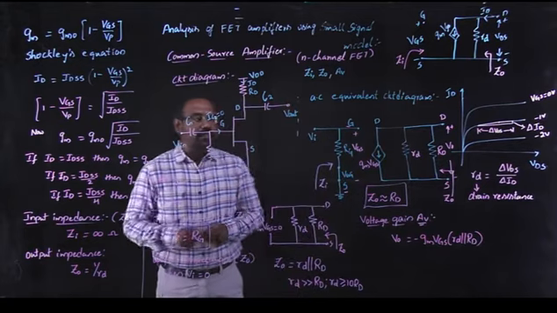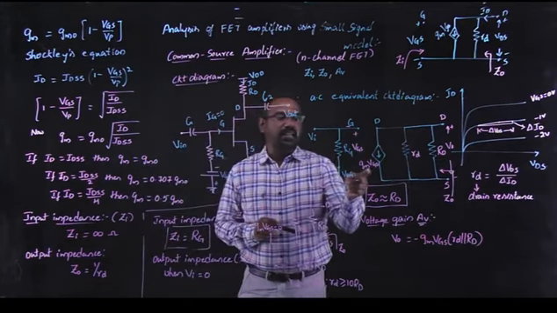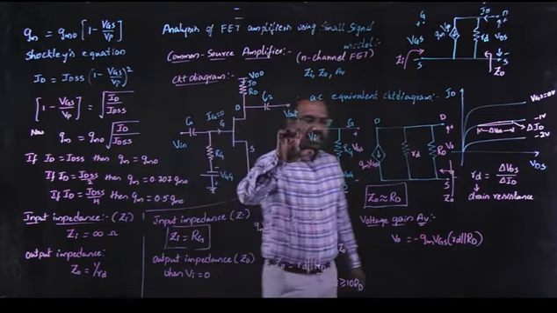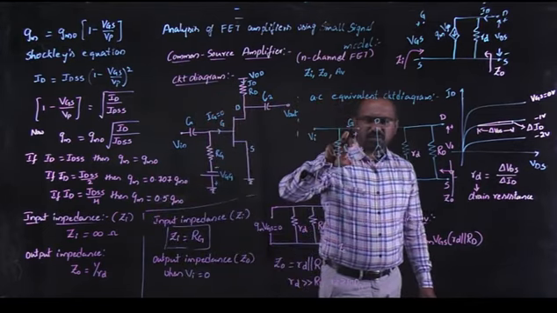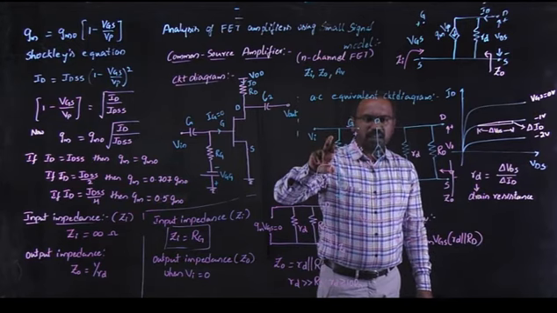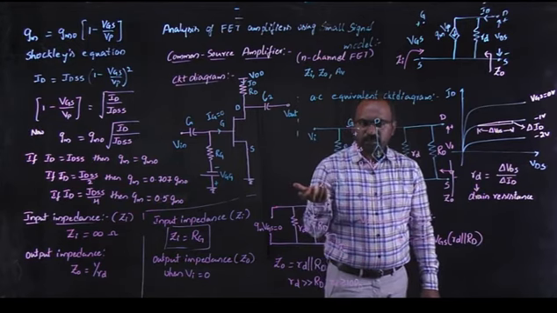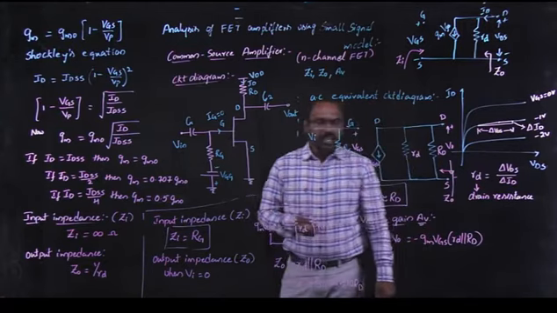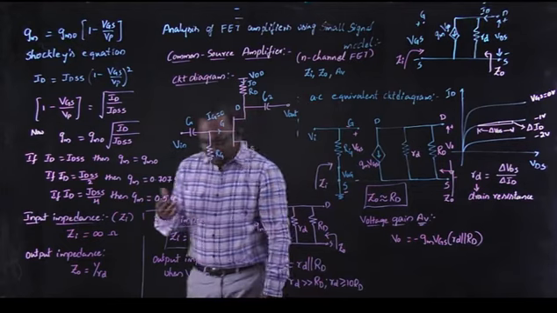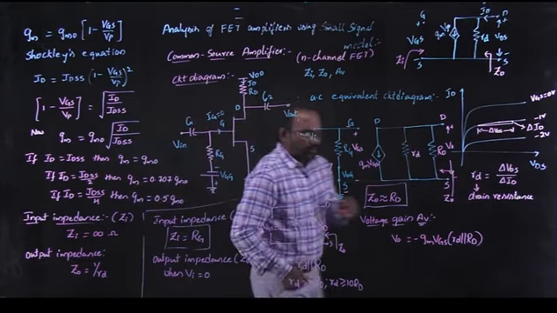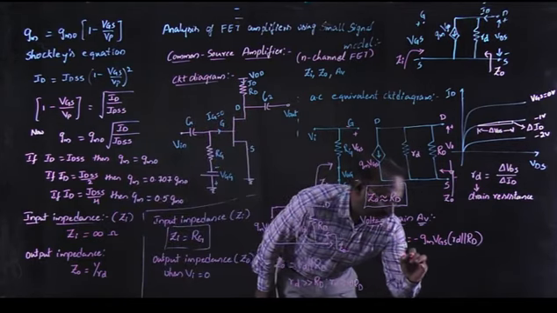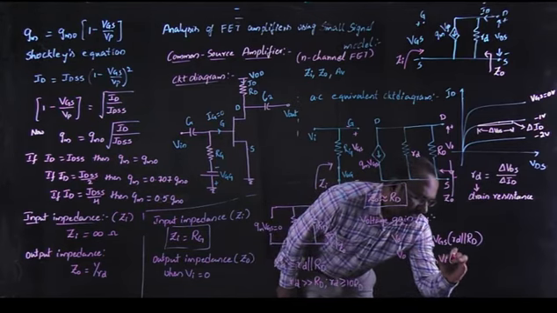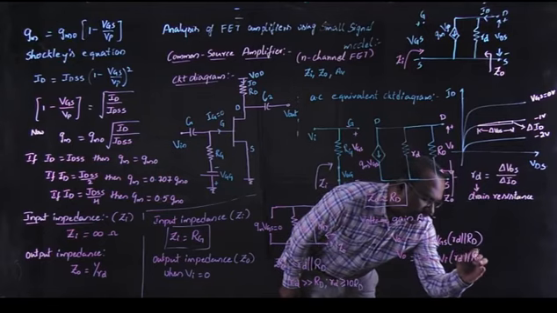But what am I actually interested in? I am interested in Vo by Vi. Actually Vi is nothing but the voltage drop across gate to source, because the drop across RG is nothing but your Vi. From this I have seen my input. So I can replace VGS with Vi. So I can write Vo is equal to minus gm into Vi into small rd parallel with capital RD.